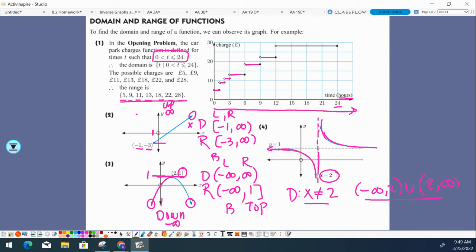Use the one that makes the most sense to you. Then for the range, we use the y. In this case, y cannot equal +1, or in interval notation, all the way from the bottom up to 1, but not including 1, unioned with 1 to infinity.